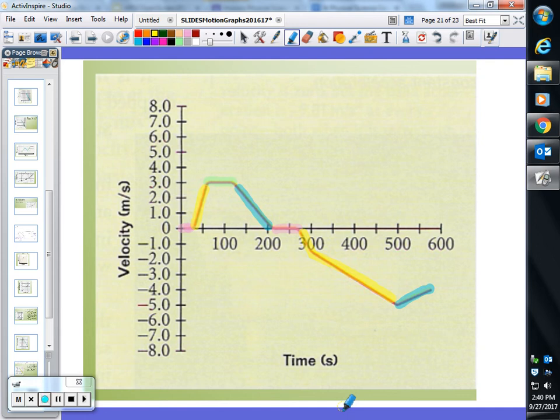It's your notes. You're going to have a quiz on this on Friday. But to directly answer your question, do you have to write it down? No.